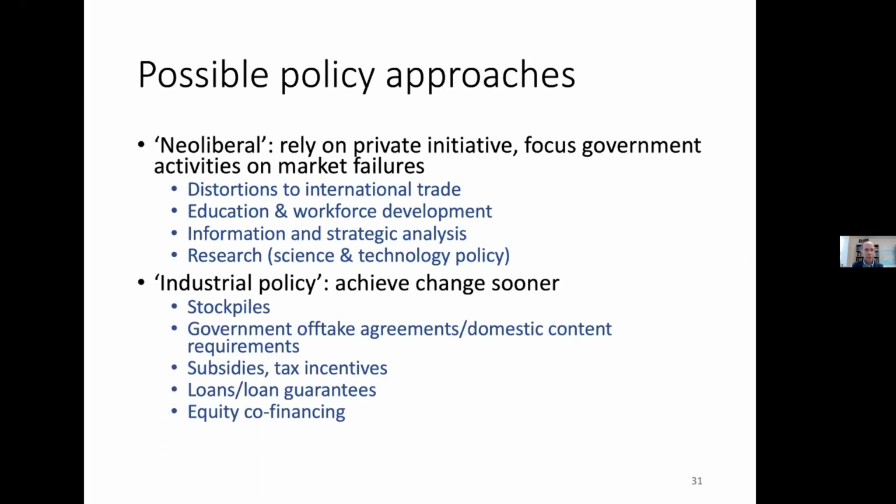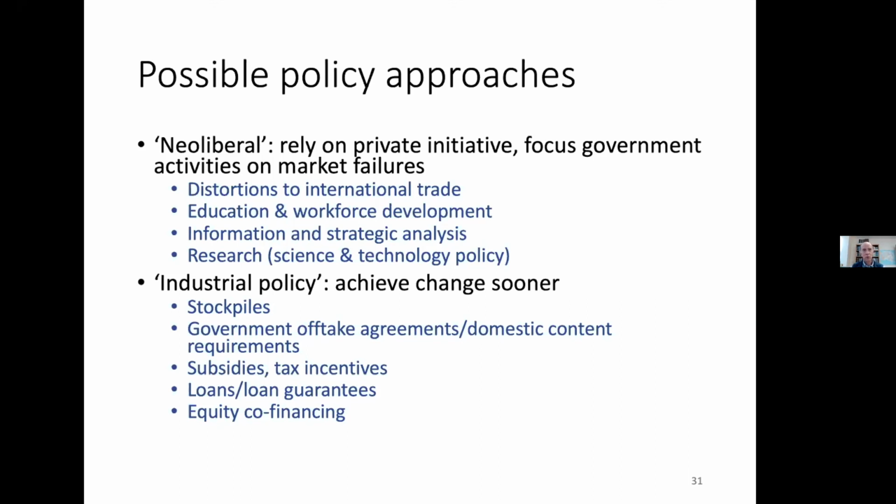The alternative approach or an alternative framework is to think about what some people call industrial policy. Now, again, industrial policy has many different definitions. Here, I'm using it simply to mean a set of government policies aimed at achieving change sooner than if we rely on the more neoliberal approach at the top of the slide.